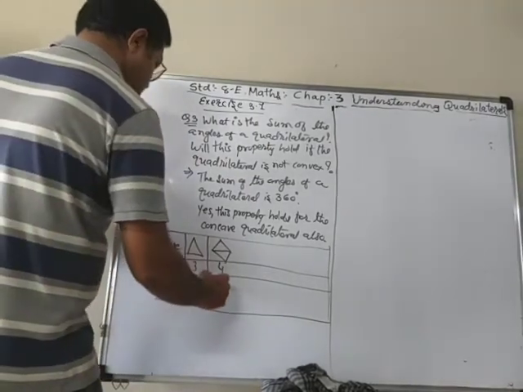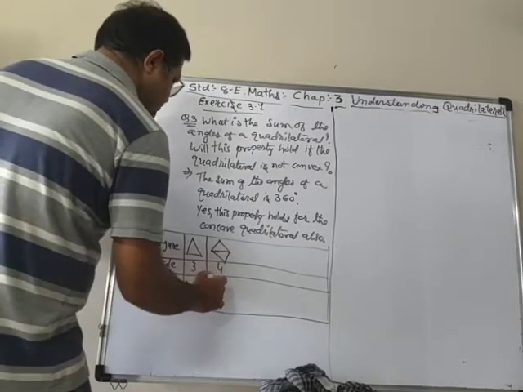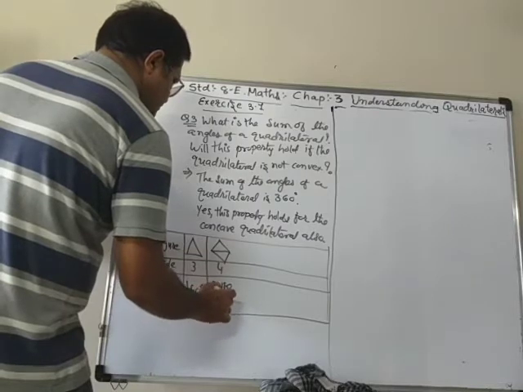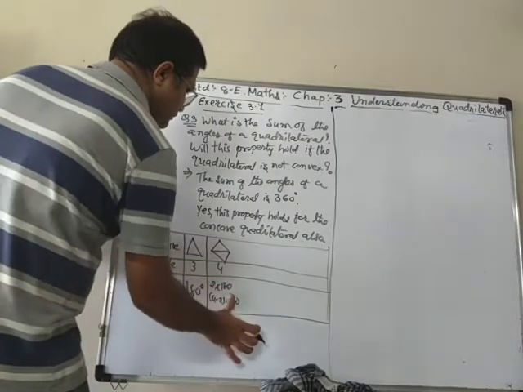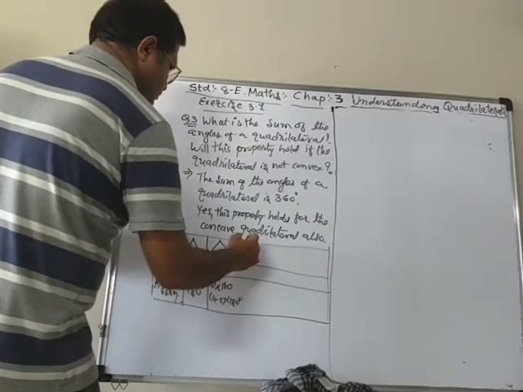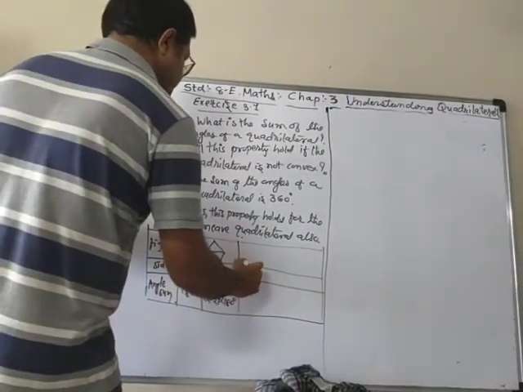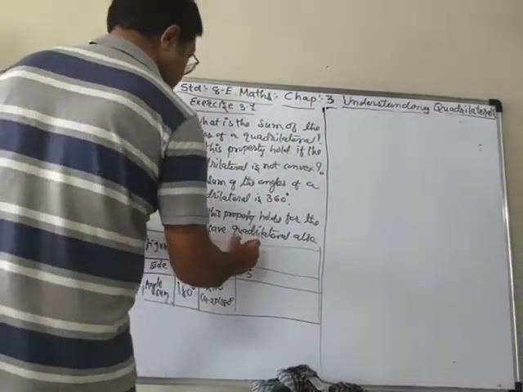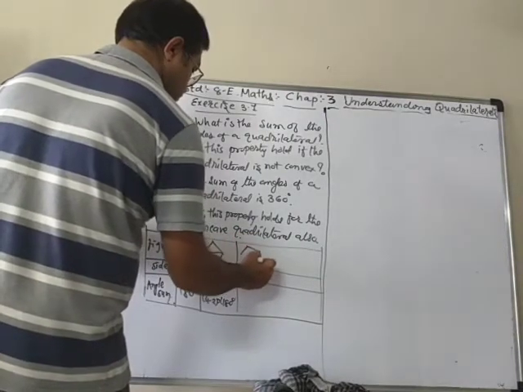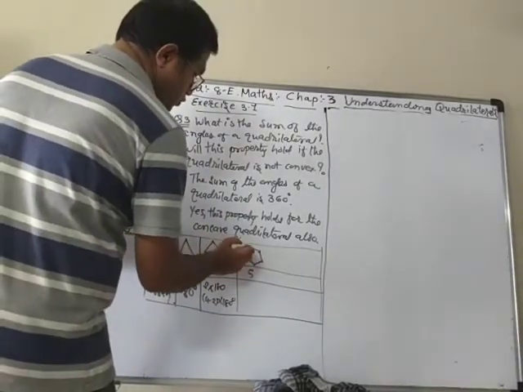The second one is with 4 sides. And it is 2 multiplied by 180. It means 4 minus 2 multiplied by 180 degrees. Then for the pentagon, we can draw 2 diagonals.